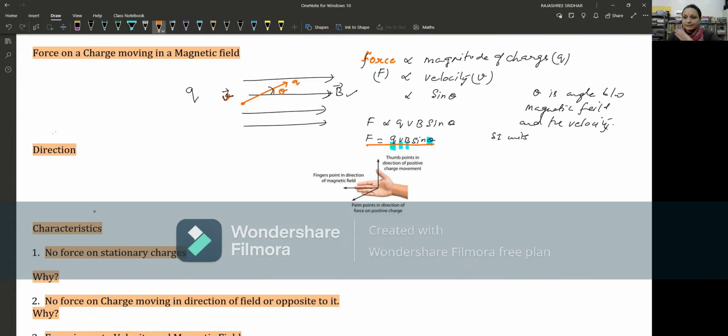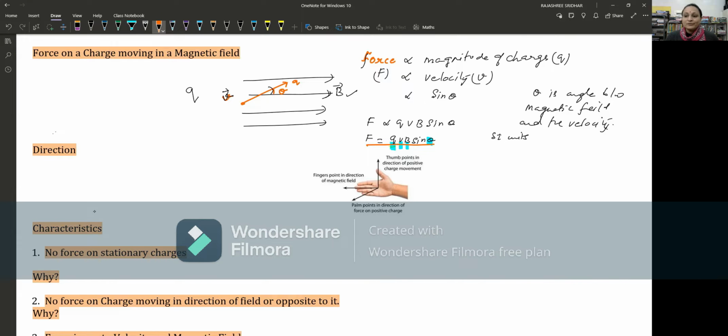If there is no charge, there will be no force. Before this, one more thing to tell: who found this? A scientist named Lorentz. He measured it and on this basis he made the whole law. He found that there should be a charge, second it should be moving, it should have some velocity, and the third is it should make some angle other than 0 or 180 with the magnetic field. Why?